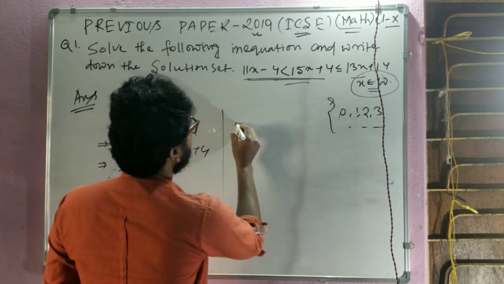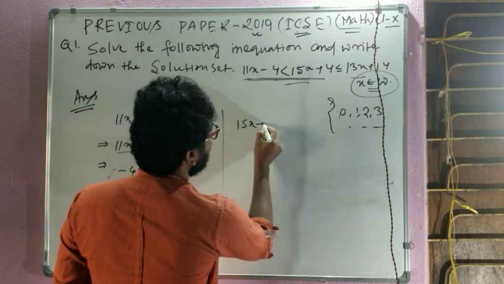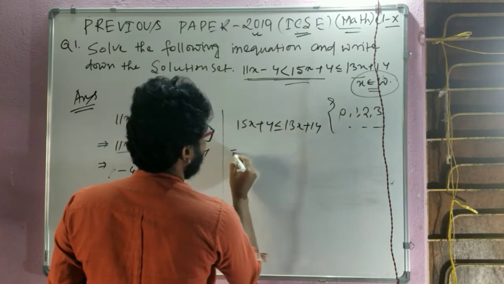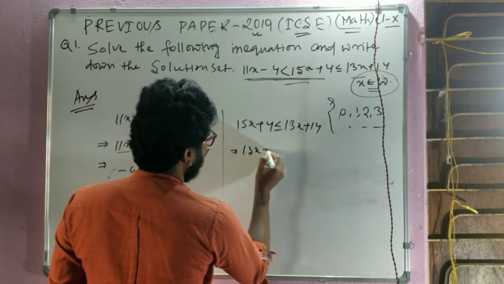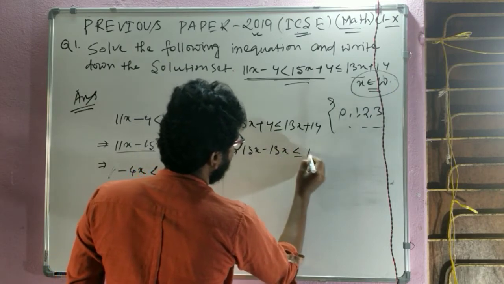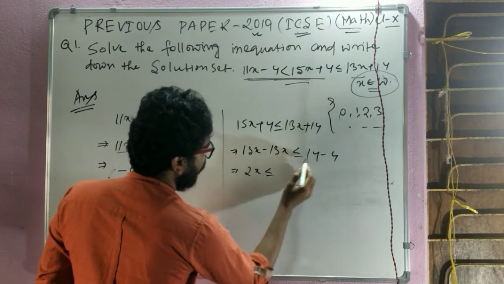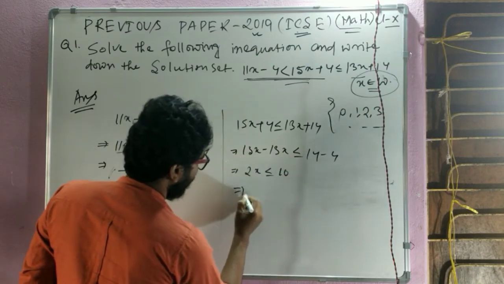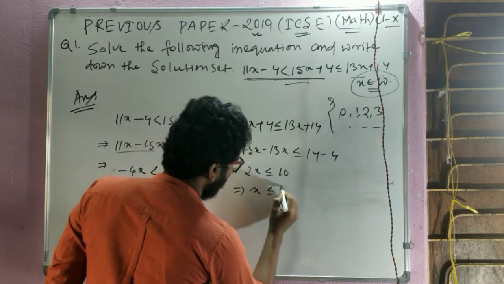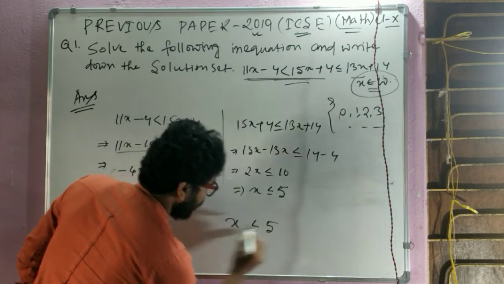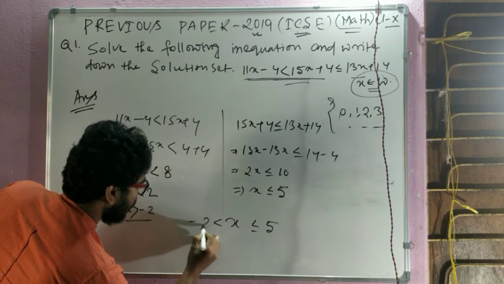Second part: 15x plus 4 less than or equal to 13x plus 14. 15x minus 13x less than or equal to 14 minus 4. 2x less than or equal to 10, x less than or equal to 5. So x is less than or equal to 5 and greater than minus 2.